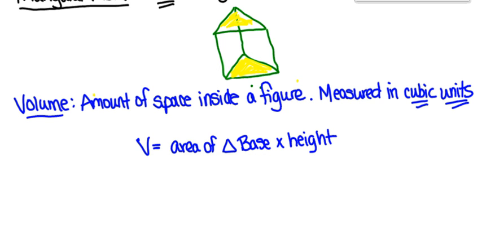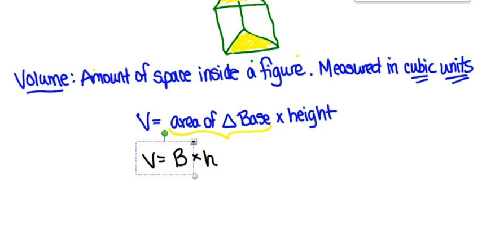And as mathematicians, we love to abbreviate things. So this area of the triangular base, I'm going to represent with a big B or a capital B. And that's important. Big B is not the same as lowercase b. And height, we're going to use a lowercase h. So in other words, volume is equal to capital B times lowercase h.